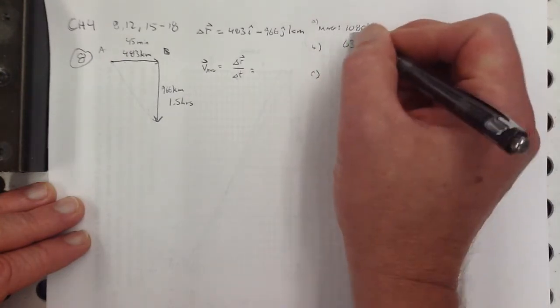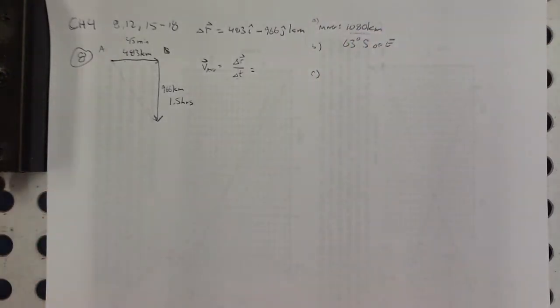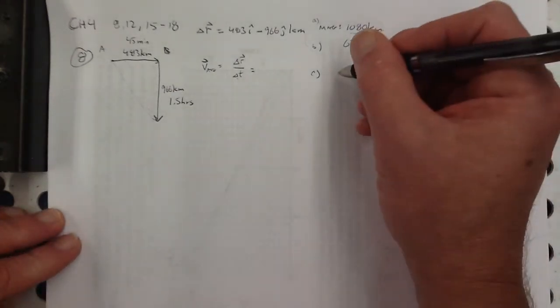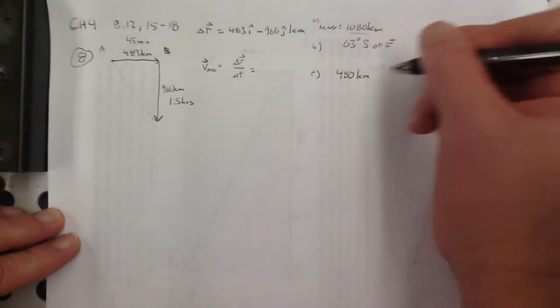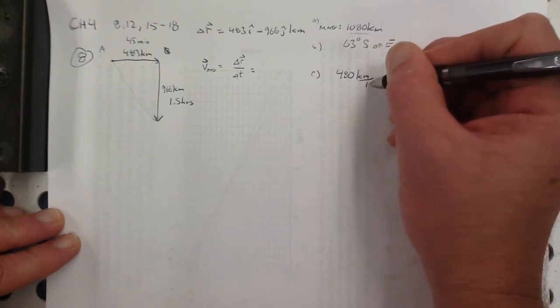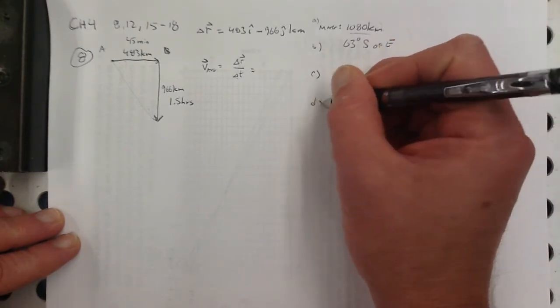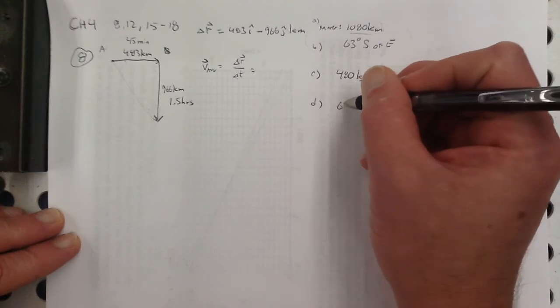So I'm going to divide that by 2¼ hours. So 1080 divided by 2.25 is 480 kilometers per hour, and the direction is the same.